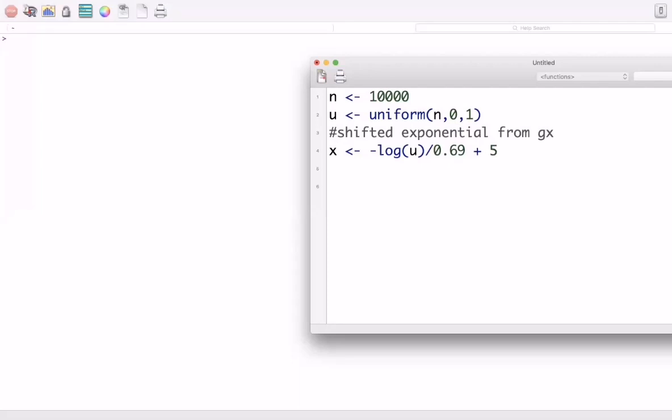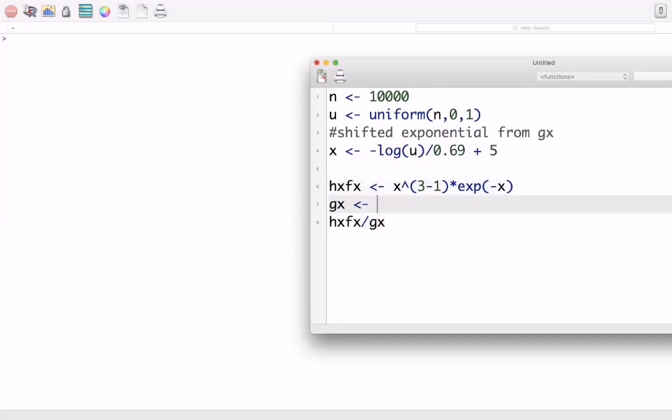So what's the function that you have? Your h(x) f(x) is x to the power of 3 minus 1 times exponential minus x. And then therefore your h(x) f(x) over g(x), and what's your g(x)?